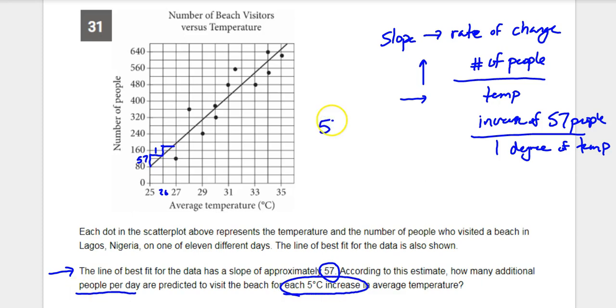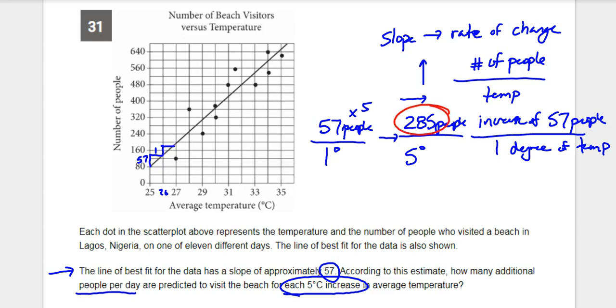So if we gain 57 people for every 1 degree, then for every 5 degrees, I need to multiply this number by 5. So 57 times 5 is going to be 285. So the correct answer for this question is 285.